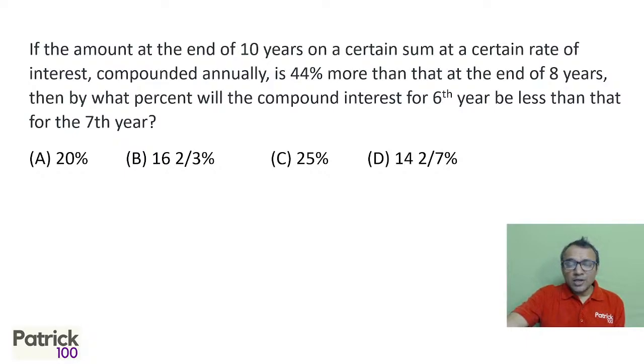Normally, one of the hints in the question is the numbers. Some numbers you should automatically make out, oh, this has to be the answer. For example, when I say 44% growth more, that's basically 1.44 times; 144 is 12 square, so 1.44 is 1.2 square. You should automatically click it.